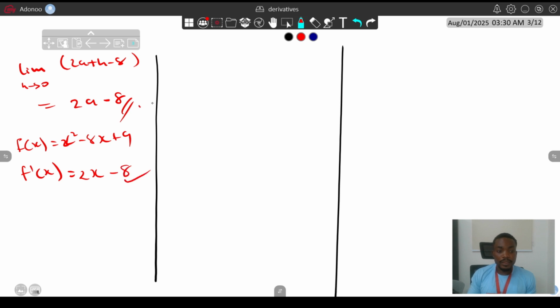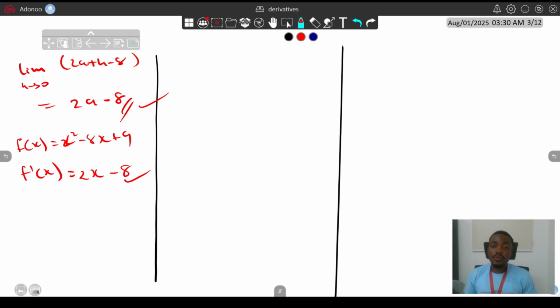And this is the same as this. So this goes a long way to prove that the gradient of the curve is basically the derivative of the function.